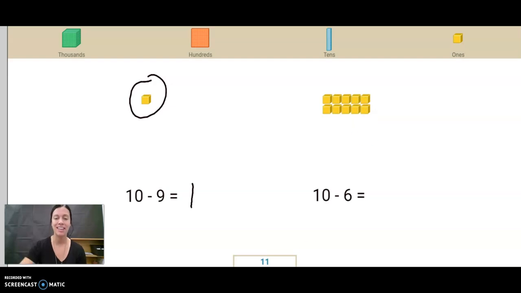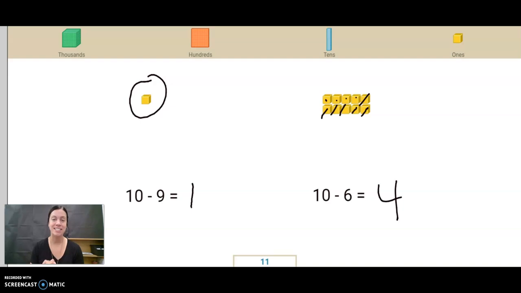If you were thinking of the number 4, you are correct. If we took away 1, 2, 3, 4, 5, 6, we could see that we are left with 1, 2, 3, 4. But we can be a little bit more efficient and check our accuracy by using those pairs of 10 that you're already so familiar with.